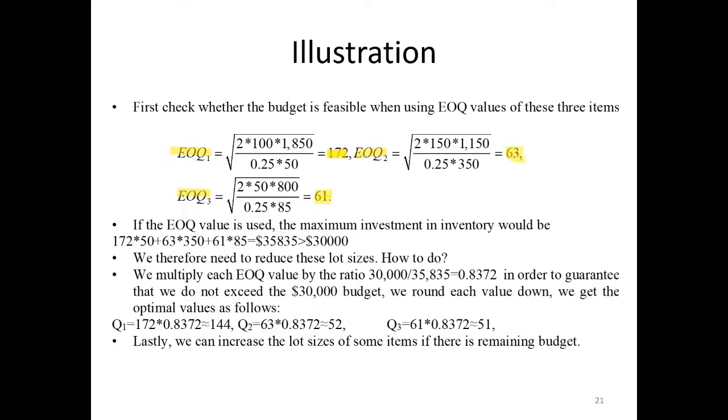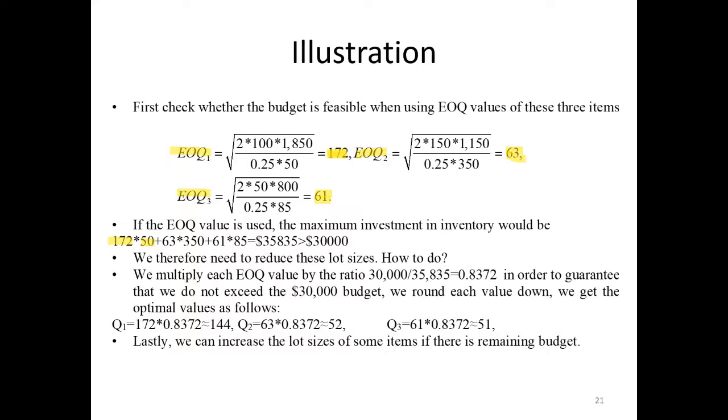But in this specific example, we have learned that the amount of money that we are allowed to store at any time should not exceed $30,000. So we need to convert the maximum inventory quantity into its equivalent monetary value.